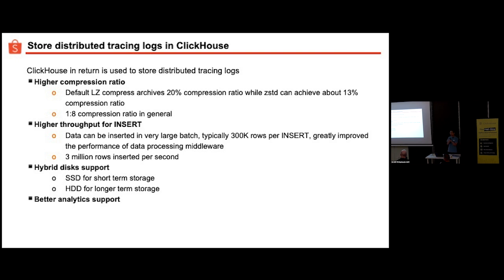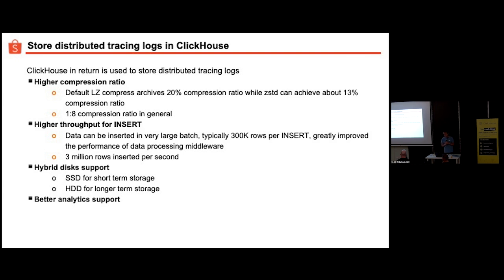As I mentioned before, we use ClickHouse to save the distributed tracing logs. The reason we choose ClickHouse is, first, the higher compression ratio. We know that ClickHouse by default uses LZ4 for compression, but in our case, we use ZSTD for better compression and to achieve lower disk cost.